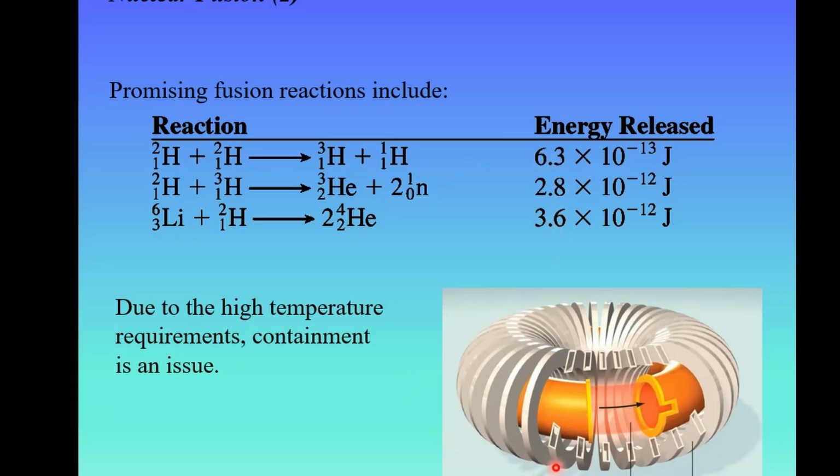And so people are studying how to contain this in like a magnetic field and get these things stuck together. Your book also has some pictures of laser where they try and put deuterium in like a sample of deuterium and then hit it with a bunch of lasers from all different sides and get this reaction to occur. And when this reaction occurs, you get this much energy.